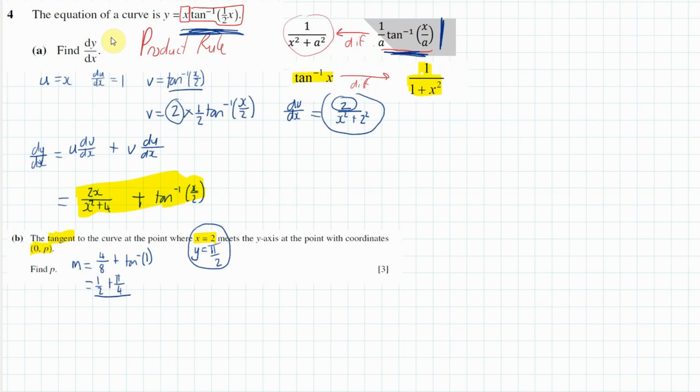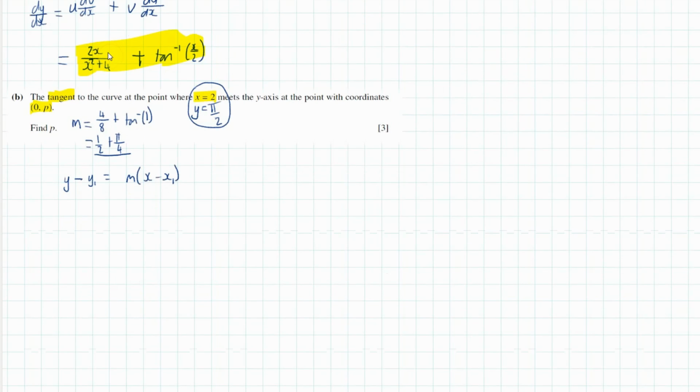So I'm going to use y minus y1 equals m into x minus x1, and this will give me the equation of my line. Okay, let's do that. y minus pi over 2 equals m, so for my gradient I've got 2 parts to it, into x minus 2.